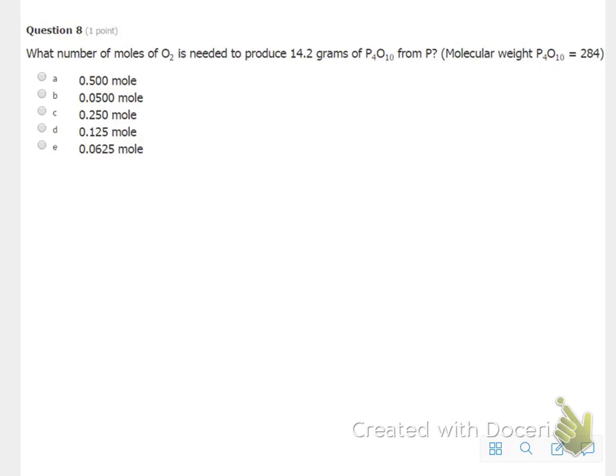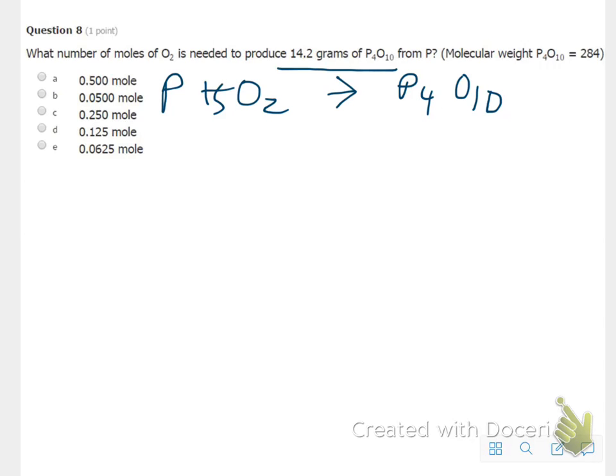All right, number 8. What number of moles of O2 is needed to produce 14.2 grams of P4O10? All right, so the first thing I'm going to need to do is find the balanced equation. So I'm going to have P plus O2 is going to give me P4O10. I'm going to need 5 of those and 4 of those. Okay.